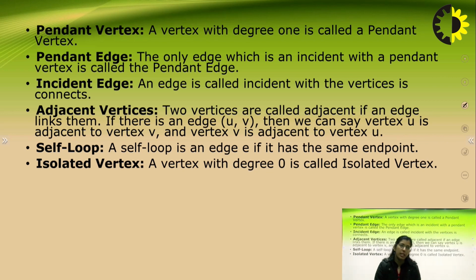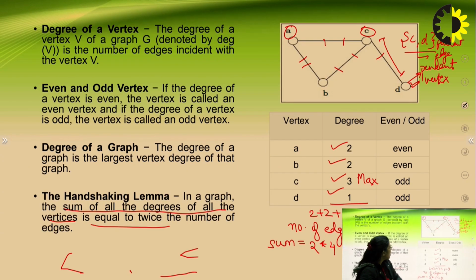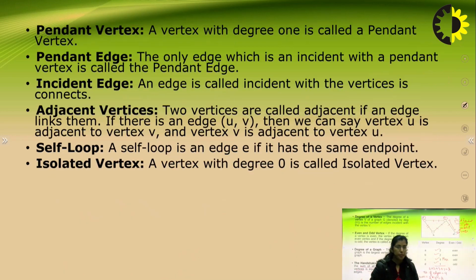Next is incident edge. An edge is called incident with the vertex it connects. So here we can see this particular edge AC is incident on vertex A and vertex C. So this is the incident edge for these two particular vertices.